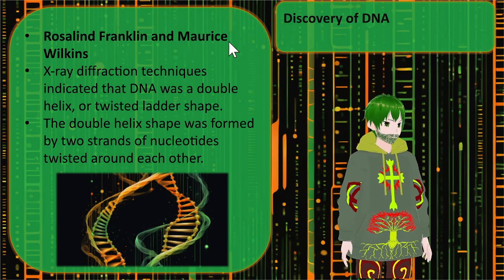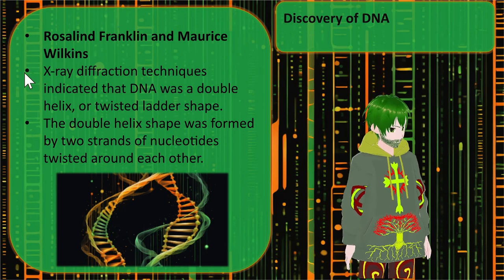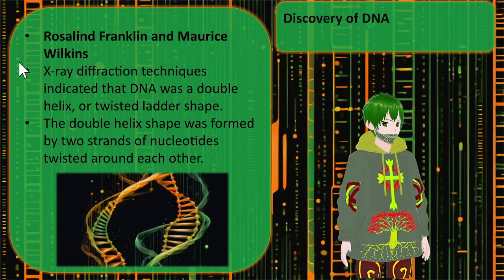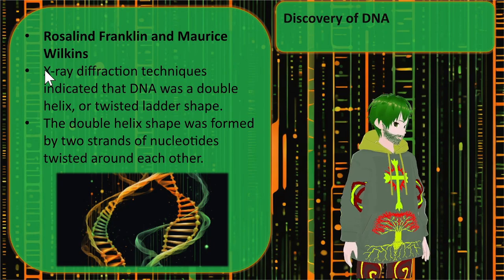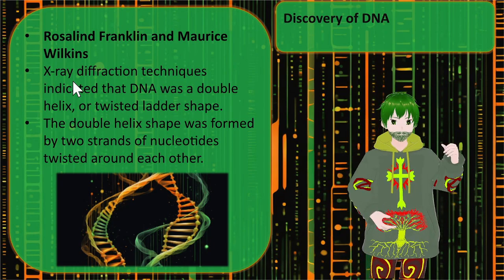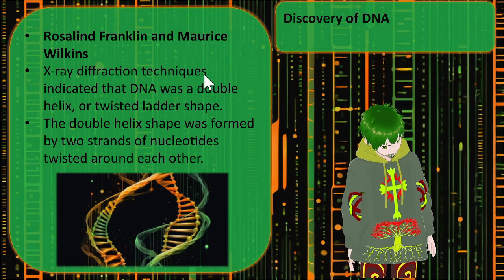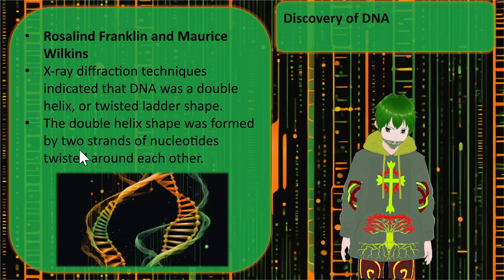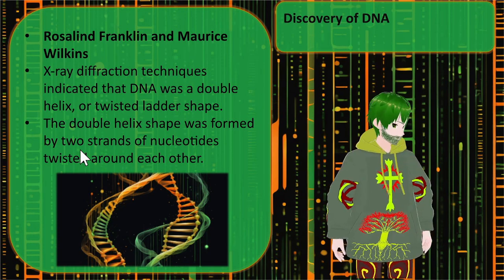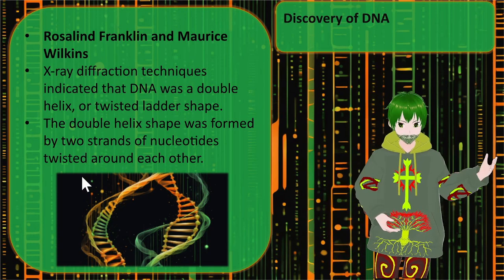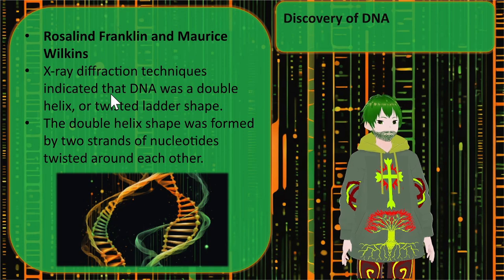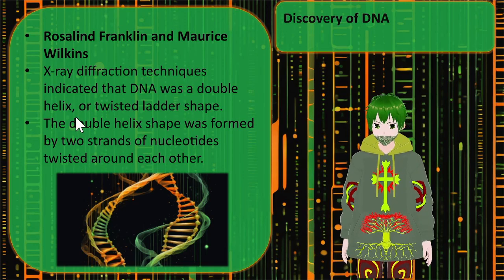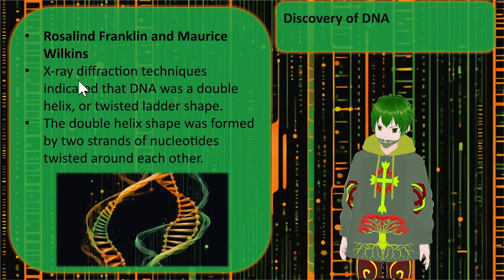Now, Rosalind Franklin and Maurice Wilkins did some studies on DNA with a technique called X-ray crystallography, or X-ray diffraction, to discover the structure of the double helix. And this is one of the more sordid stories in the history of science, because you usually hear that Watson and Crick discovered the three-dimensional structure of DNA, the double helix.